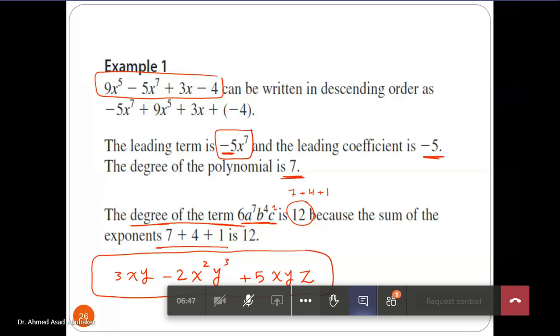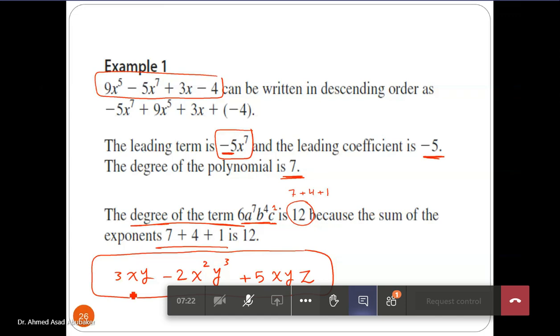So we have a leading term, the degree of the polynomial, and the leading coefficient. The leading term is not necessarily the first term; maybe it is the second or the last. This depends on the largest degree of the terms.